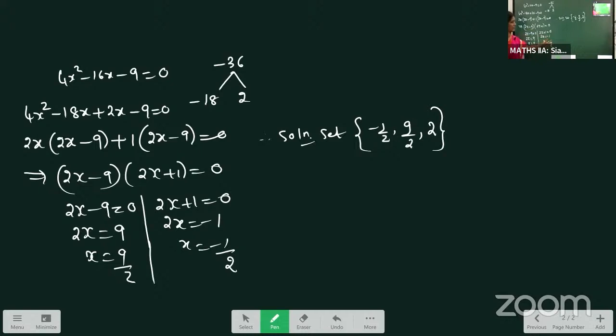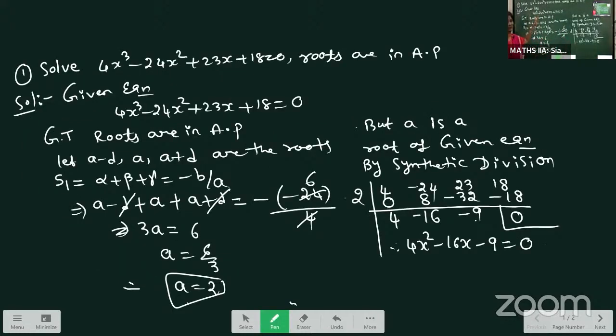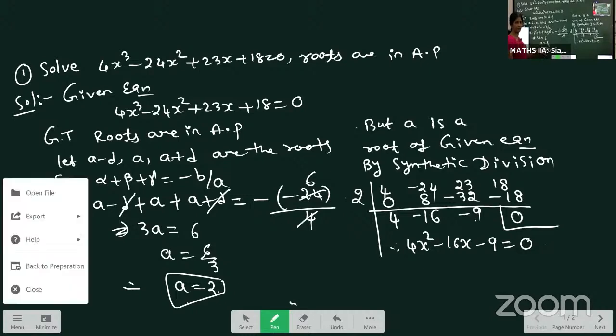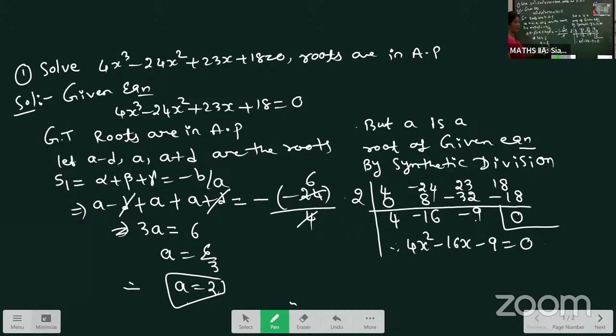Instead of doing synthetic division, when a condition is given, you will get a = numerical value, like a = p or a = q. In such cases, instead of synthetic division, directly substitute the a value in the equation. Whatever the simplified form is, that equation you will get.